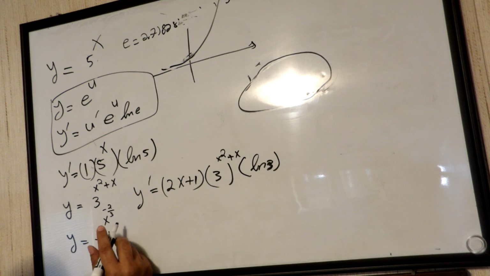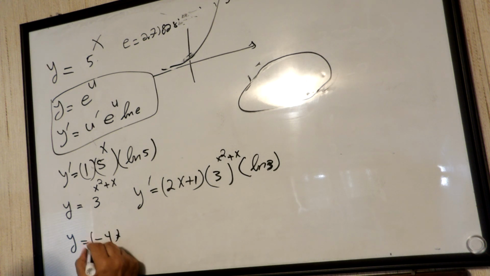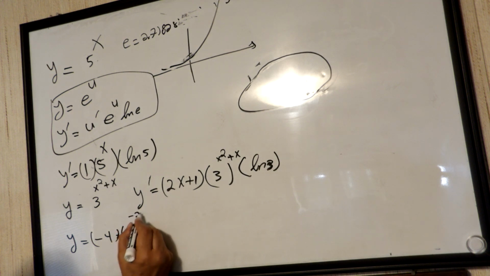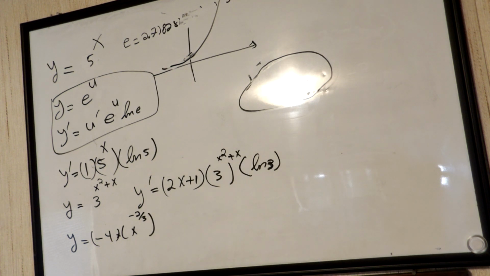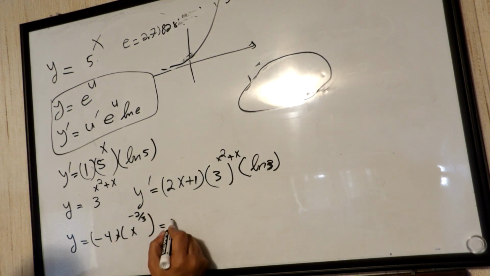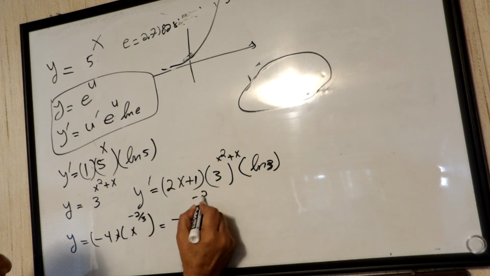Minus 4 times x to the power of minus 2/3, or the same as minus 4x to the minus 2 over 3.